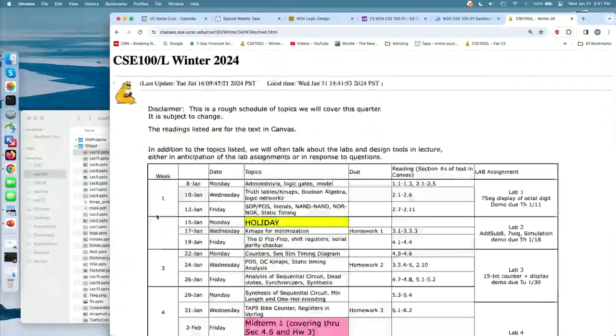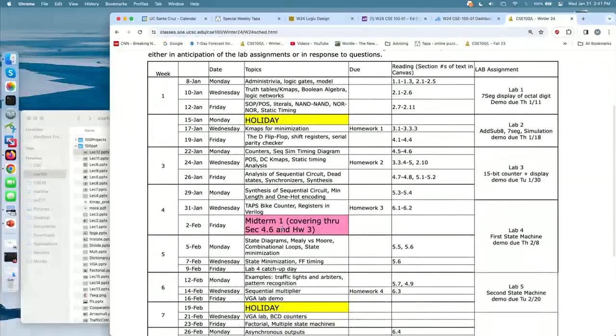Most importantly, there is a midterm on Friday. The midterm will be here, covering everything up to and including what's on homework 3, which includes the sequential timing diagrams and static timing analysis.